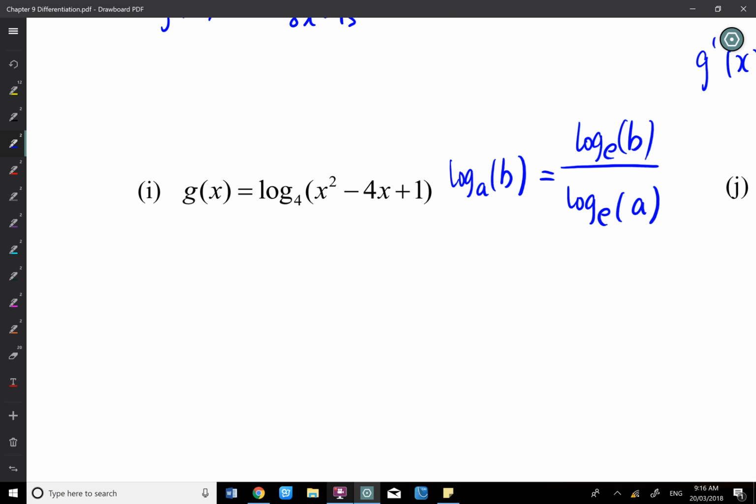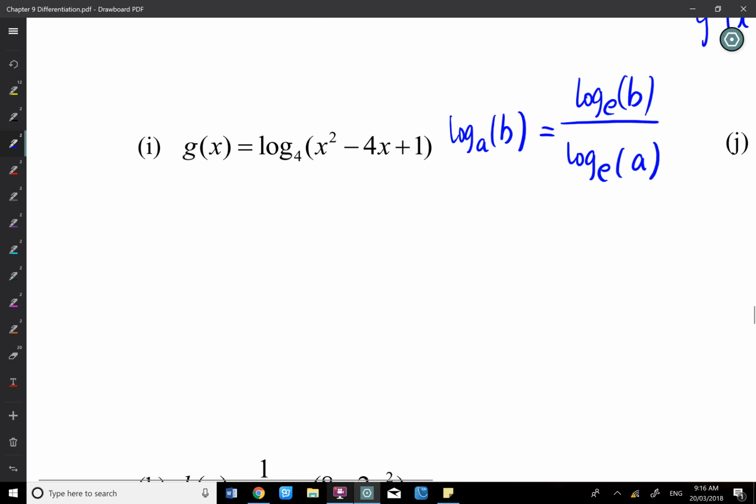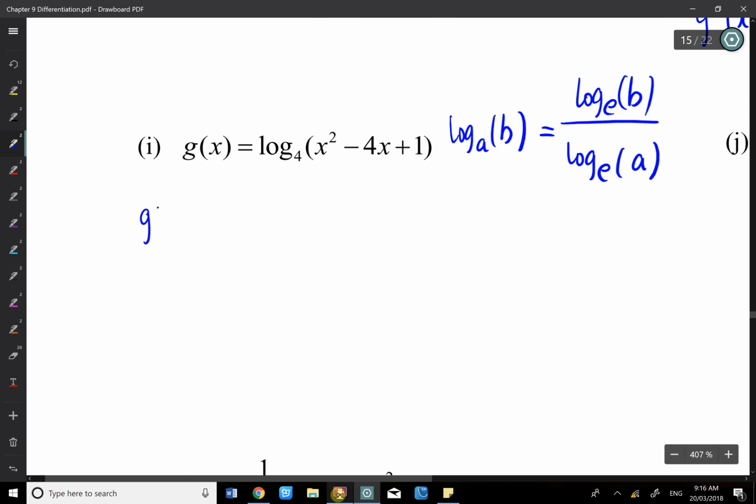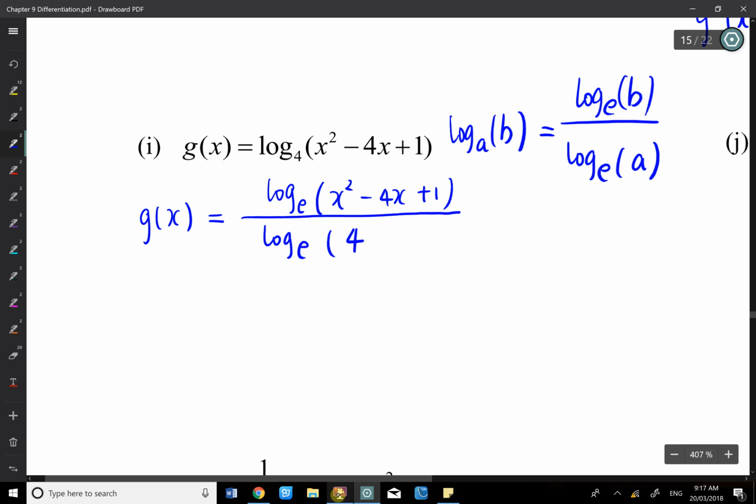That's the change of base formula. So g(x) equals log e (x squared minus 4x plus 1) over log e a, which is 4.